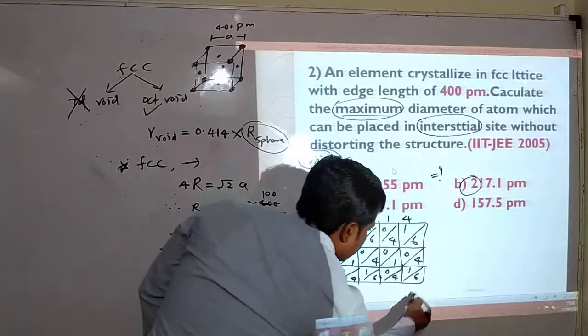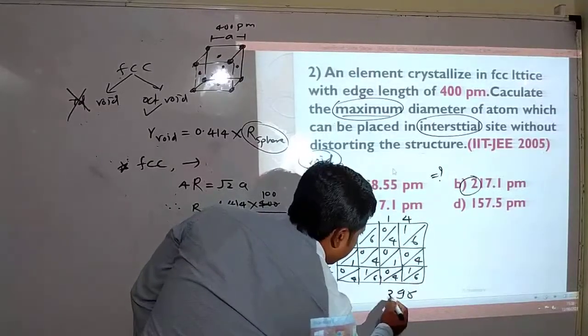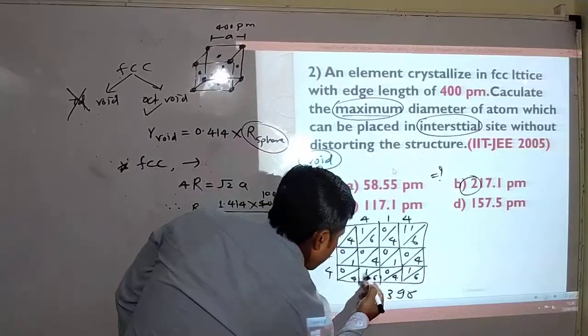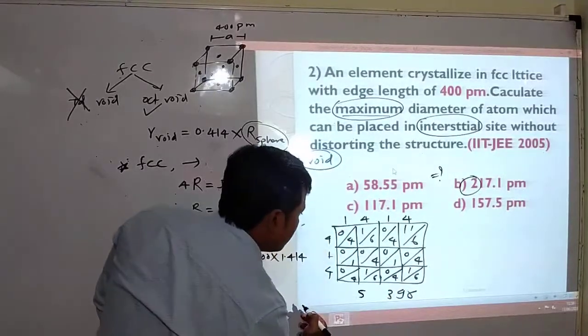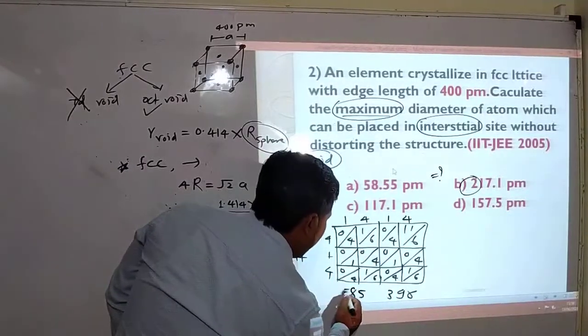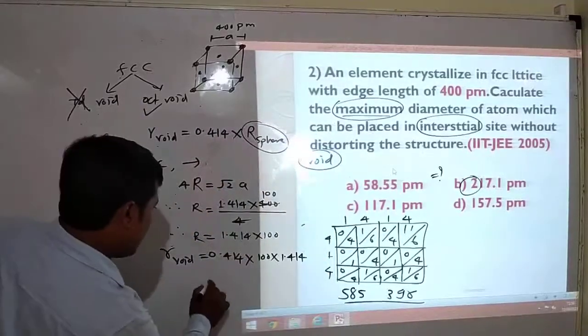Diagonally add: 6, 9, 6 and 7, 6, 12 and 13, 3, add 1, 6, 10, 11, 15, 5, add 1, 6 and 7 and 8, 8, 4 and 5, 0. So this is the answer.